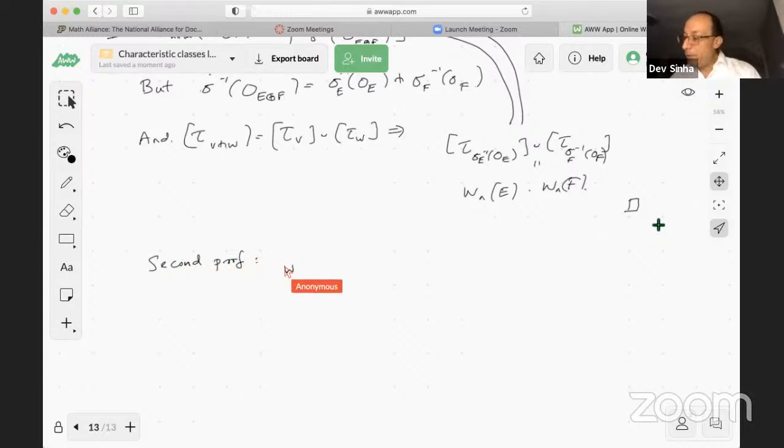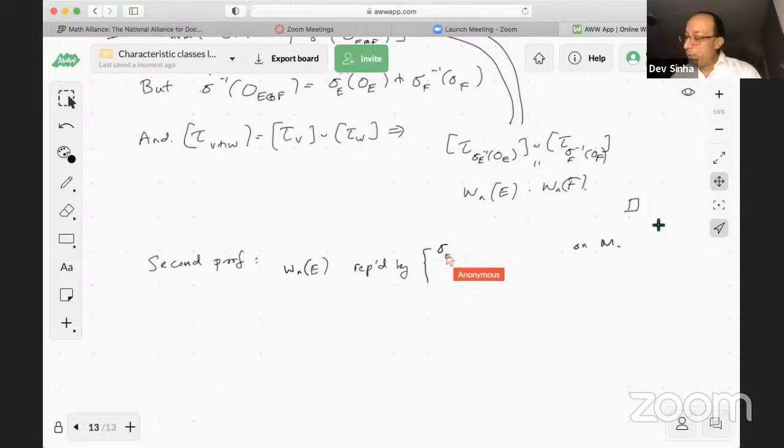well, this W_n of E, we just argue that it's represented by, depends on where we're looking at it. All the following spaces are homotopy equivalent.